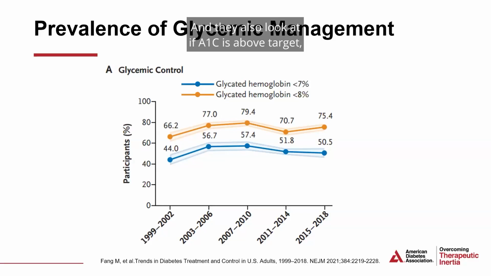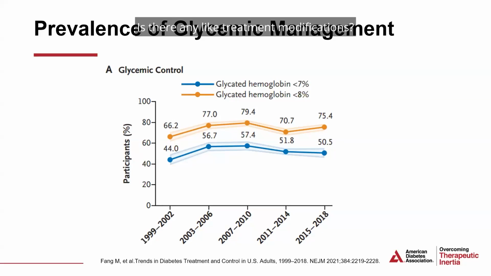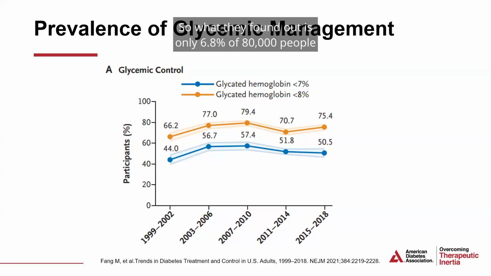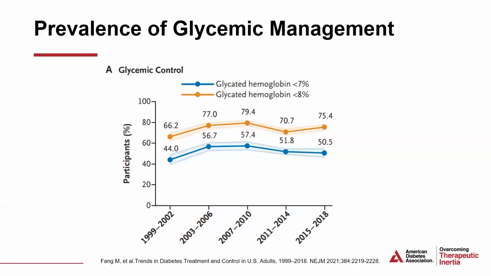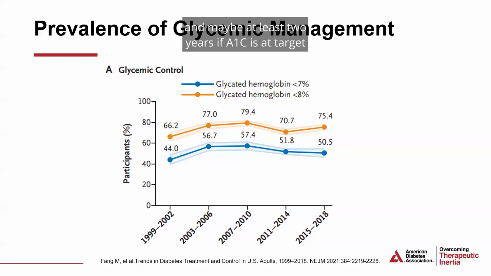They also looked at whether, if A1C was above target, their treatment changed. Were there any treatment modifications? What they found is that only 6.8% of 80,000 people had appropriate A1C checks, which is maybe 4 times in a year if A1C is above target, and at least 2 times a year if A1C is at target.